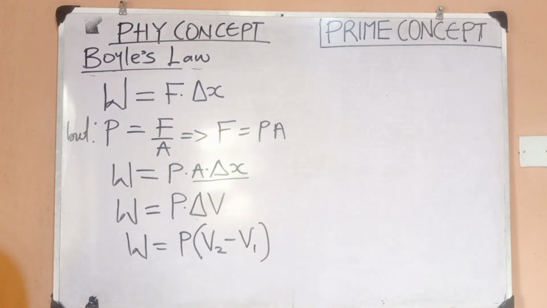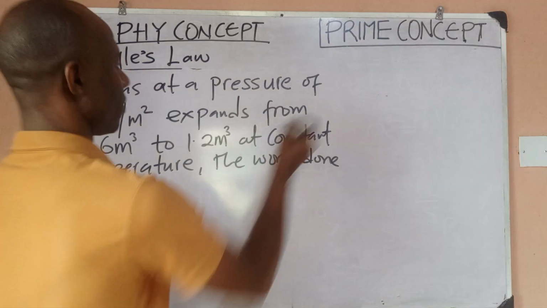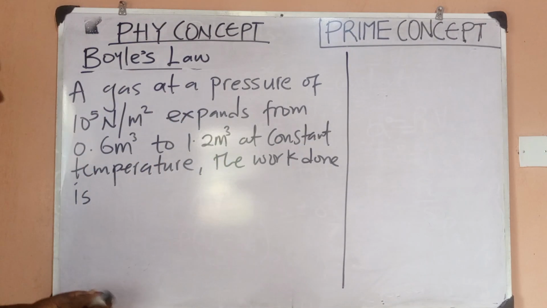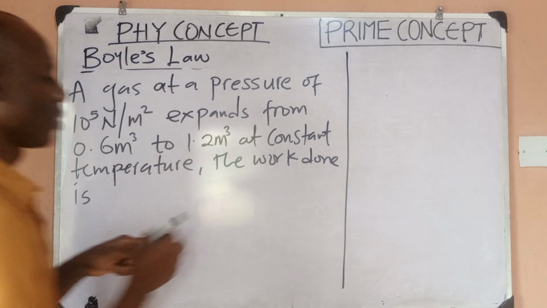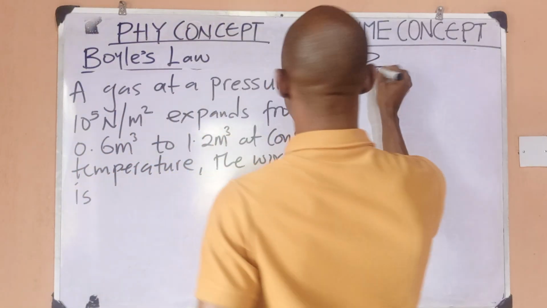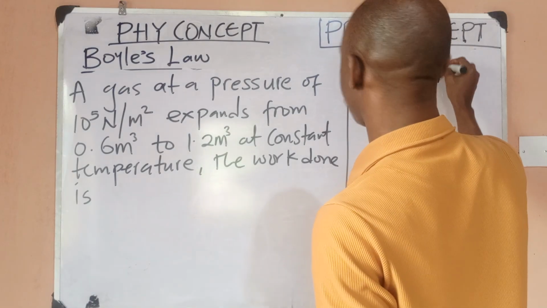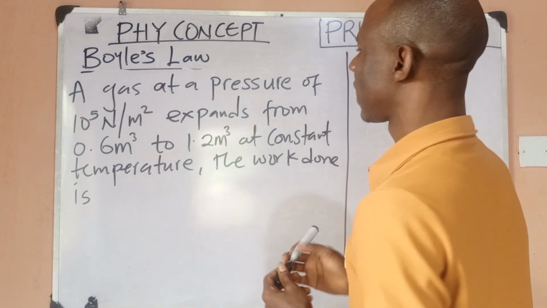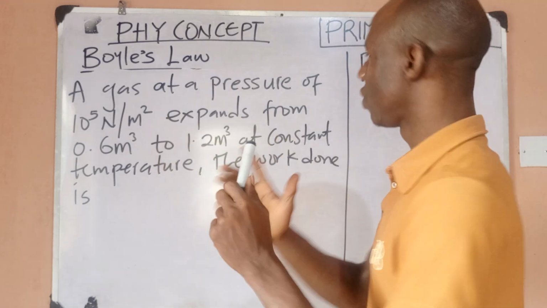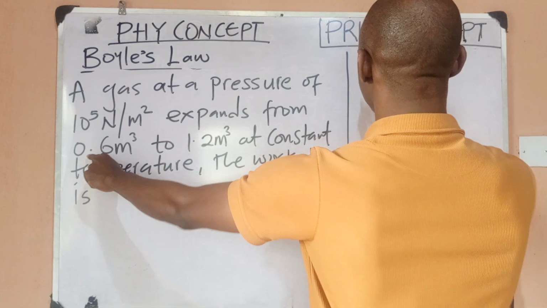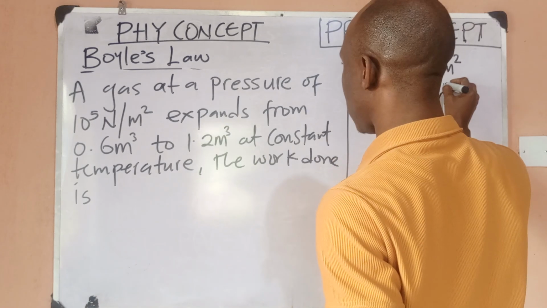Let me put the problem. So we have this problem under work done. The question says a gas at a pressure of 10 to the power 5 Newton per meter square expands from, so where it is expanding from is your initial volume, V1 equals 0.6 meter cube.